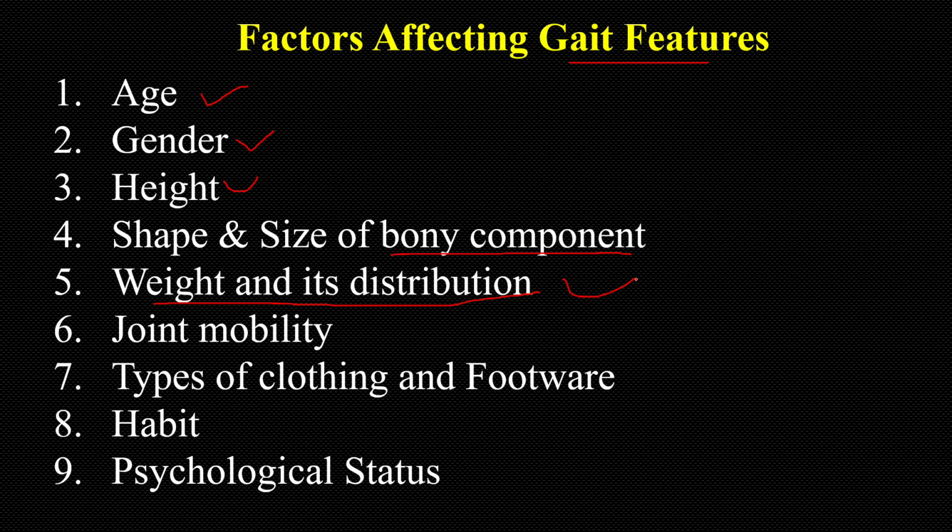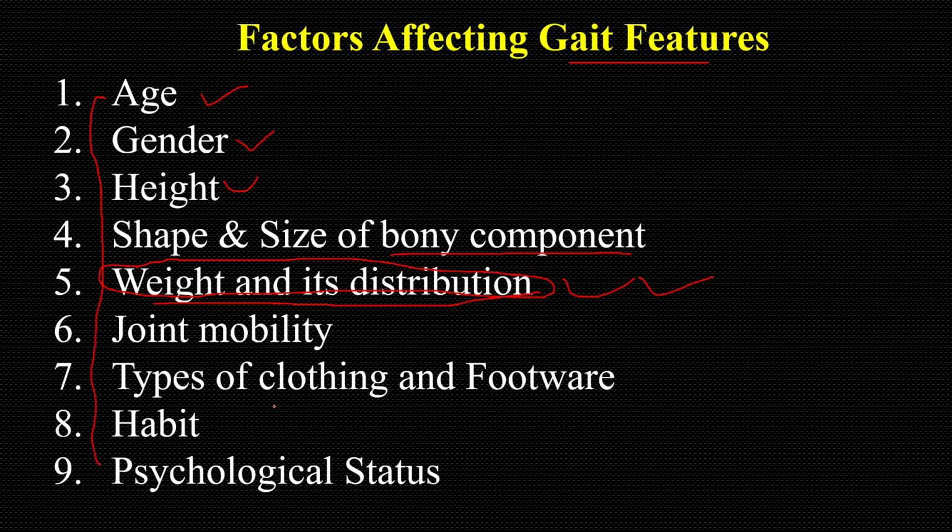Suppose a person's weight at a particular time is 50, and suddenly due to health issues becomes heavy. So this parameter can change. Keep in mind, these are factors which can affect the parameters of the gait.